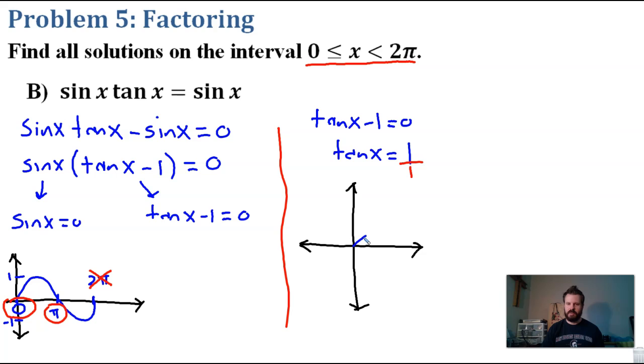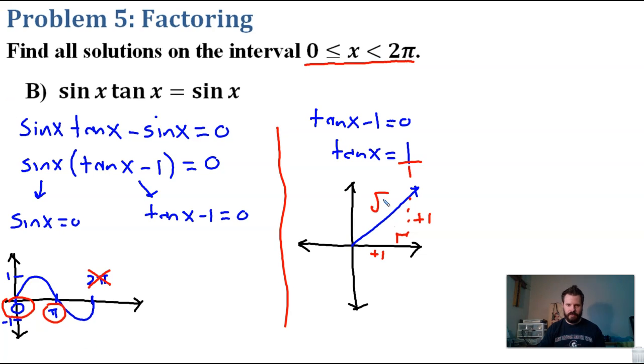Okay, where is tangent going to be positive? Well, that'll be in the first quadrant, where I'd have a positive opposite side of 1, positive adjacent side of 1, hypotenuse of root 2, sorry, and a reference angle of 45 degrees.